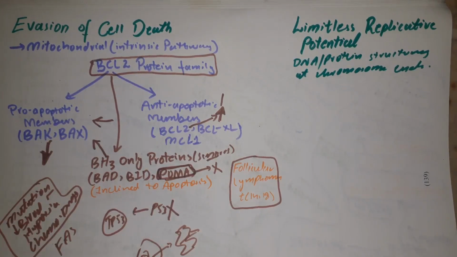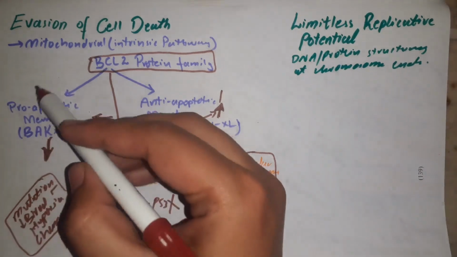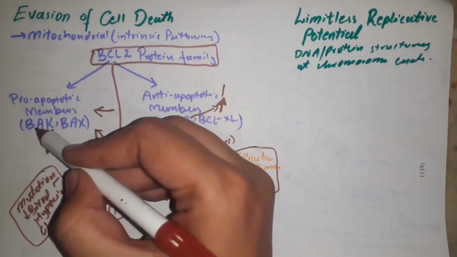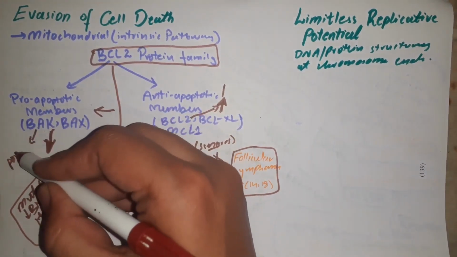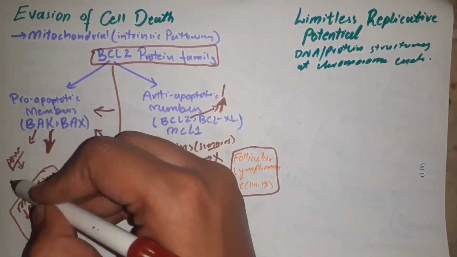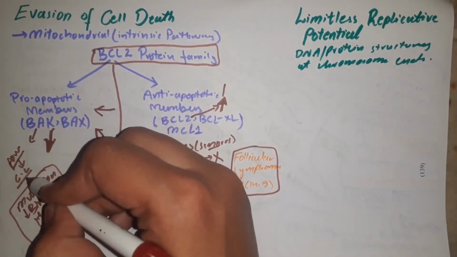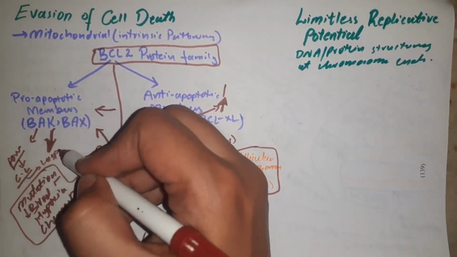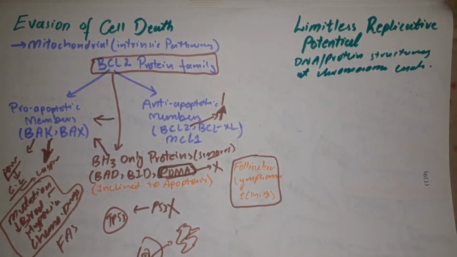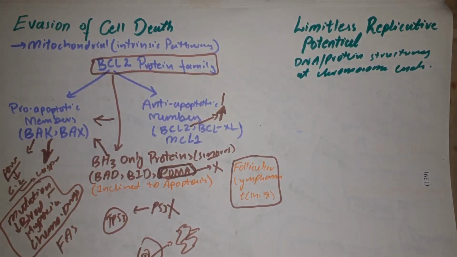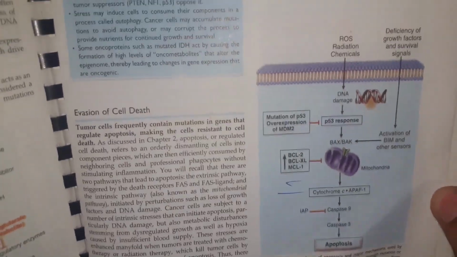So basically, how does apoptosis occur when there is a pro-apoptotic signal? Through the BAK and BAX pathway, they lead to pore formation in the mitochondria, and this pore formation leads to leakage of cytochrome C, and the cytochrome C activates caspases, which lead to cellular death, which we have studied in the mechanisms of apoptosis. We will see the diagram here in the book also for our own understanding. See here what was happening.